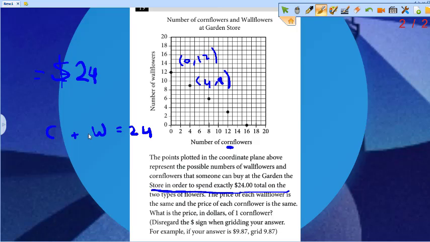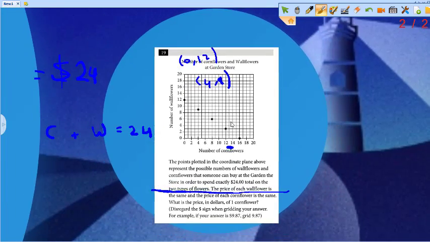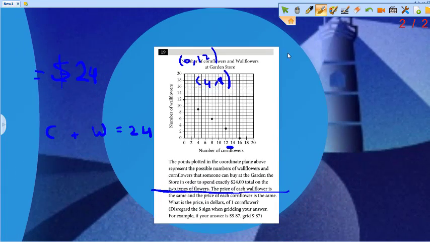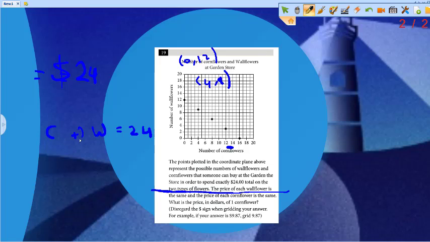But here it must be the price of each, times the number of each. This is a number and this is also a number. I don't know this number. You can make it X, and this one you can make it Y.